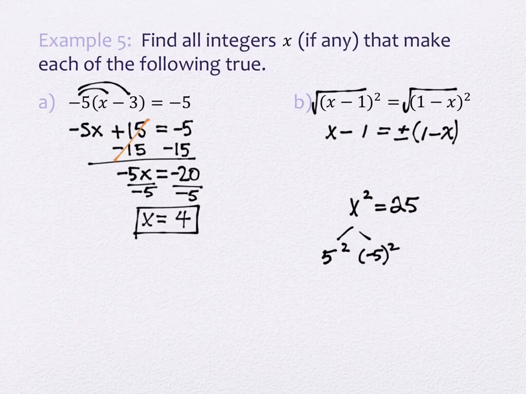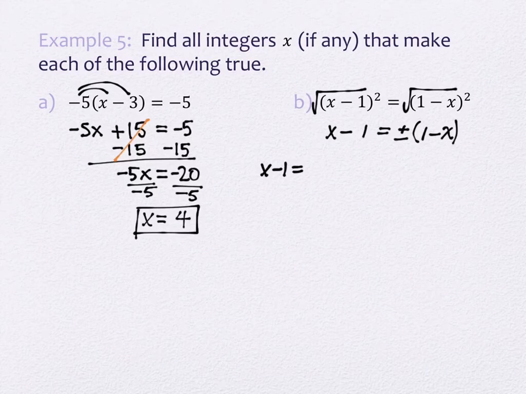Do you guys see that? So that happens with variables just like it does with my simple 25 over here, is that I get a plus or a minus. So this particular problem becomes two problems. I'm going to show you another way to think about this in a minute that might be a little bit more straightforward. But one of the options is to do this, and the other part of the problem would be to do this.